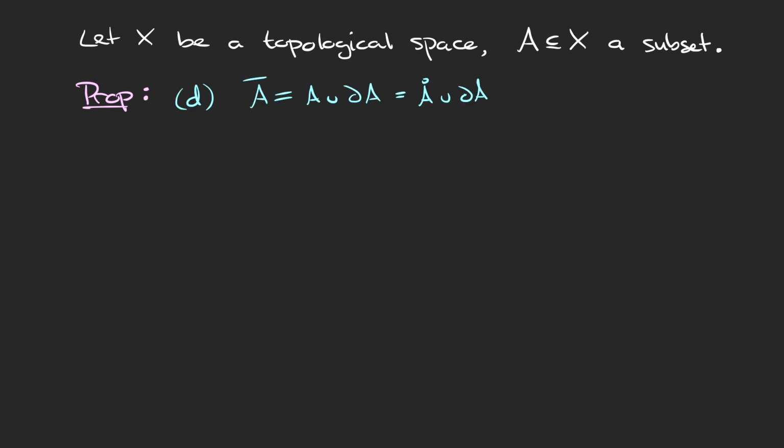The next part of the proposition is a formula for the closure in terms of the boundary and the interior of A. Here I will again skip the proof, but I'll sketch what's happening. So what this equation is saying is that if we have some set A and we look at its closure, then this is equal to either we look at the union of A and its boundary, so in blue would be A, and then we would have, say in pink, the boundary.